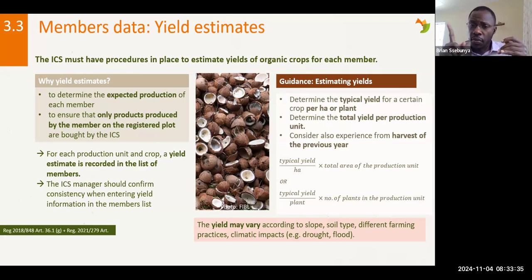Because remember, you're a technical person who understands the crop, who has been trained, so you should be able to say, okay, if the ideal is 5 tons, based on this farm, I think maybe 3 tons or something. There's a bit of subjectivity, but your subjective determination has to be verifiable if the external inspector queries it somehow.